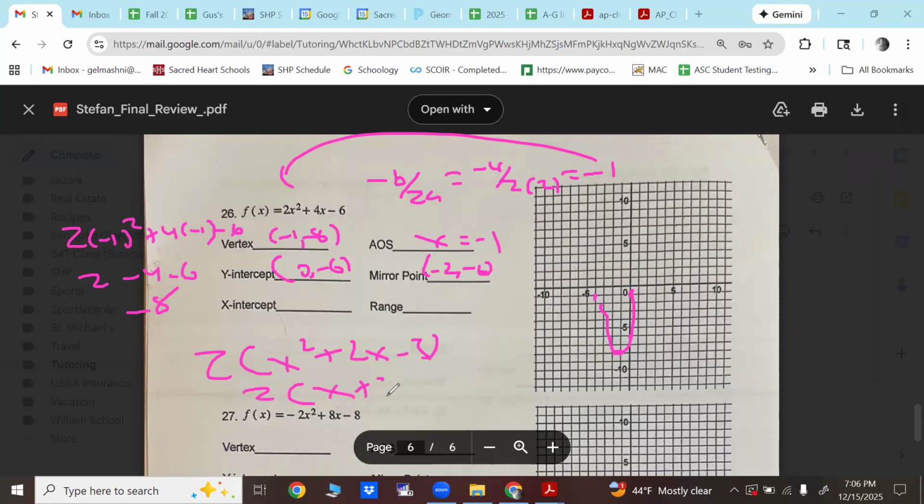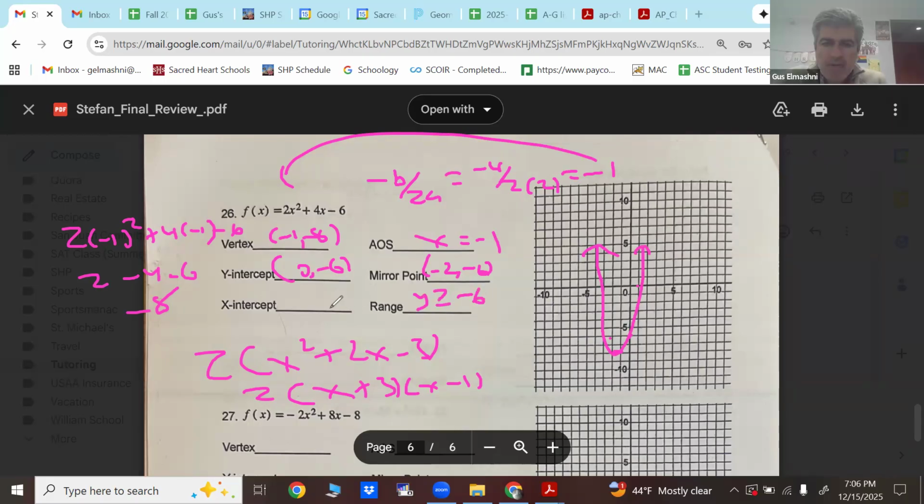X plus 3, X minus 1. Obviously I didn't do it accurately. Range: Y is greater than or equal to negative 6. Negative 3 and 1.